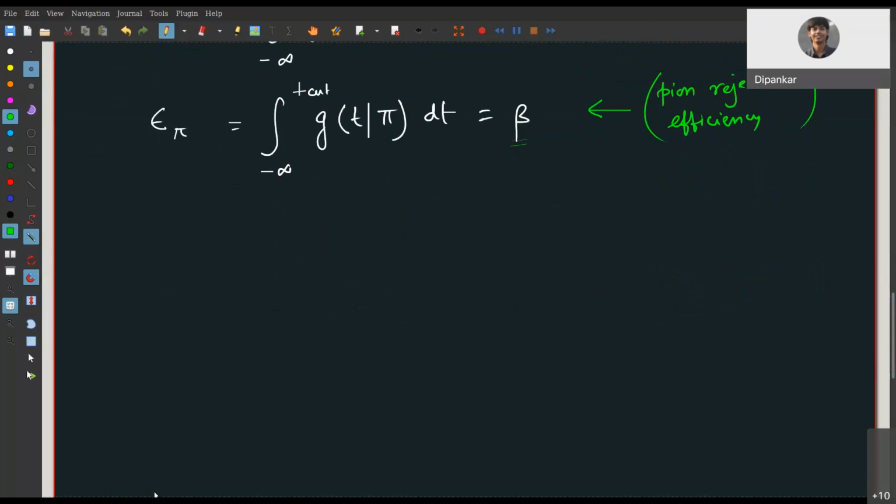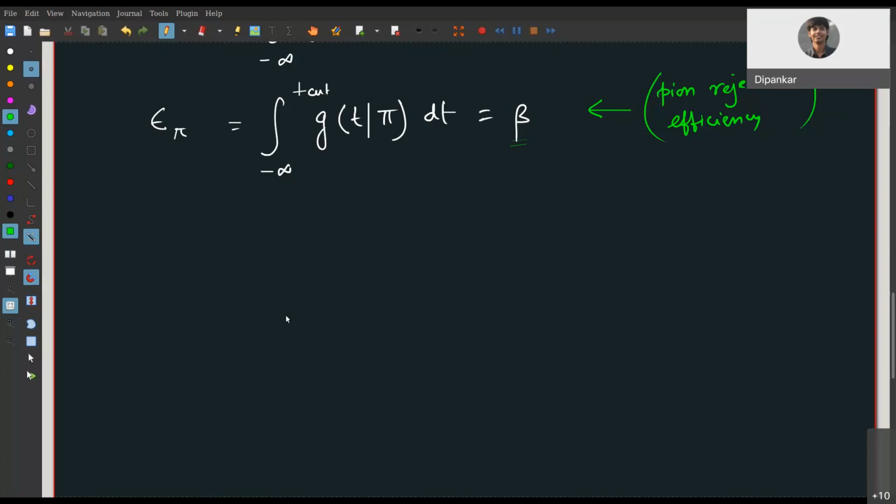So suppose you are doing this experiment with cosmic rays. In a typical cosmic ray sample, the relative frequencies of electrons and pions are known. So suppose for 10 electrons you get 1 pion. So these are known.